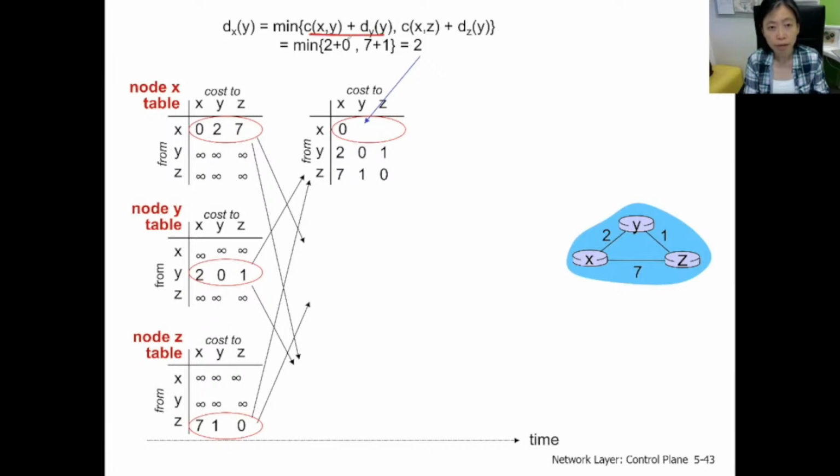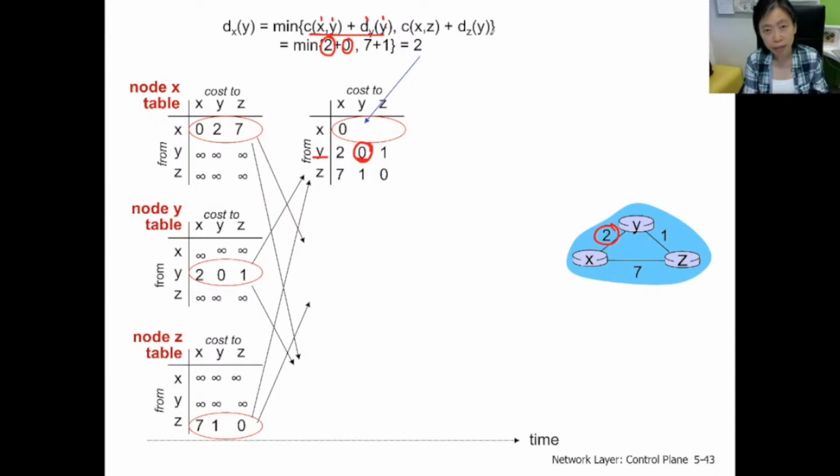For the first sum, we use the link cost from the source to the first neighbor, and then add the shortest distance from the neighbor to the destination. In this case, the neighbor happens to be the destination, so this is 0, as Dyy says 0. Link cost XY, 2. So 2 here.